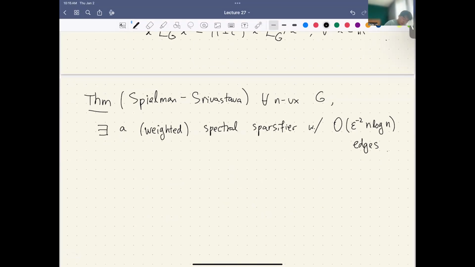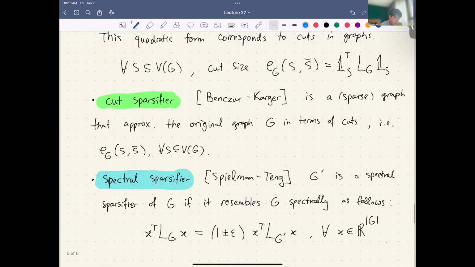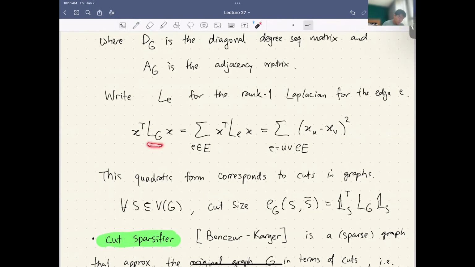And the idea of this, let me put a remark, is what you may imagine. Our graph G, our Laplacian, is the sum of Laplacians of rank 1 matrices. Then what they do is basically randomly sample edges e according to some distribution, let's say alpha. This distribution is derived from the so-called effective resistance.